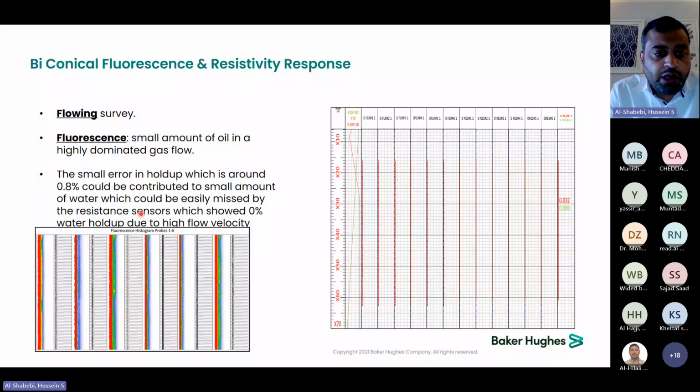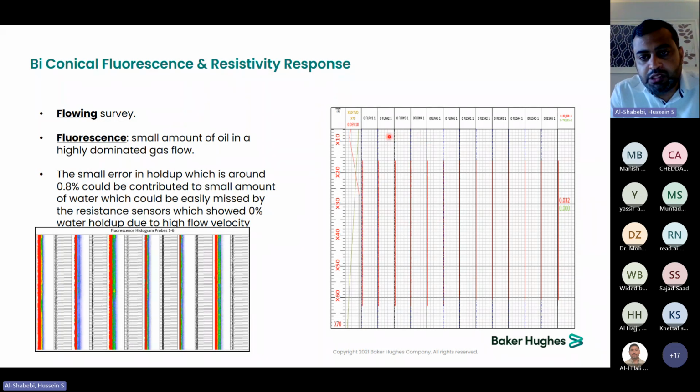The next sensor that we have in the tools is fluorescence, and we are comparing it with the resistance from the PAI. So fluorescence, we are getting it from the GoWatt tool, and the resistance we are getting from the PAI tool. So this track over here is the resistance 6 track, and you can see they are reading almost 0, so they are not detecting any water.